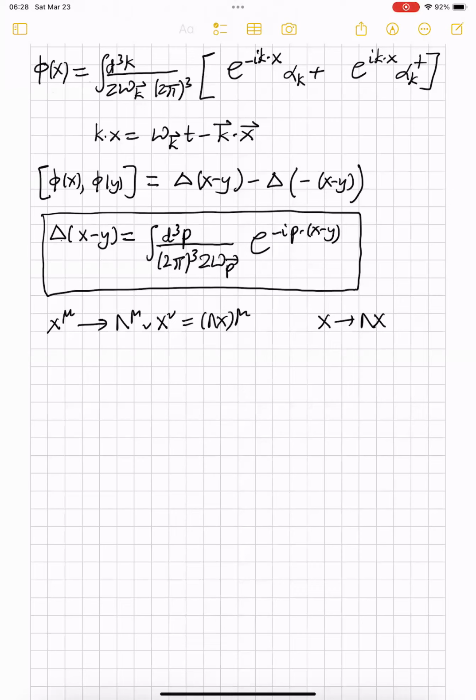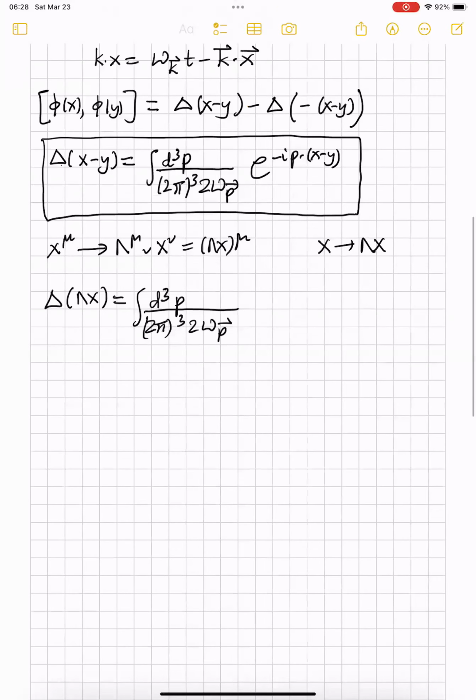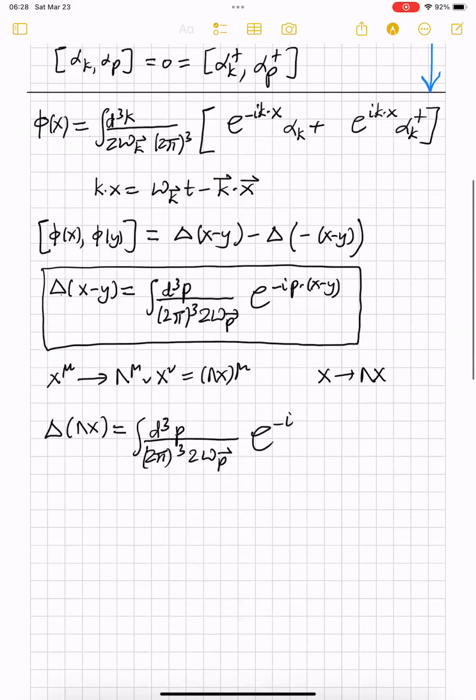Now let's study delta of Λx. So what is this equal to? Well, this would be equal to an integral d³p over (2π)³ 2ω_p, and then we would have e^(-ip·Λx).